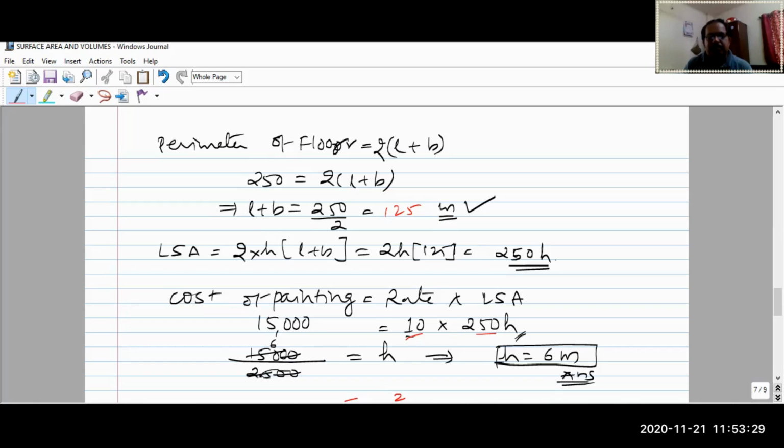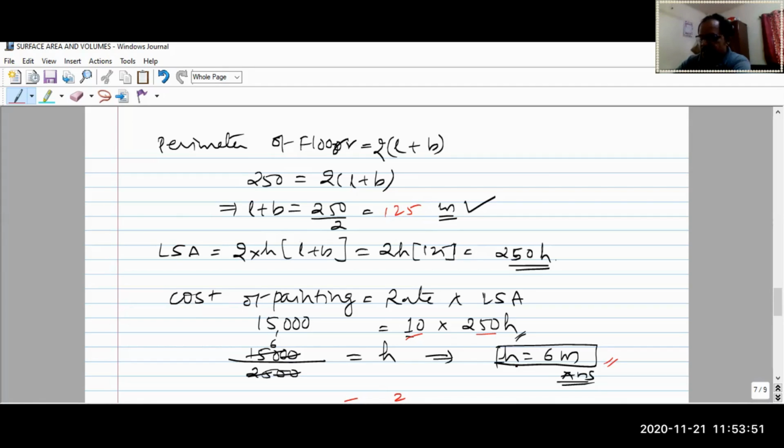It is taken to this side and changed, so it is divided into 15,000. So simplifying it, it will give us the value of H equal to 6 meters. What is this? It is nothing but the height of the hall, right? So hence we can say the height of the hall is equal to 6 meters.